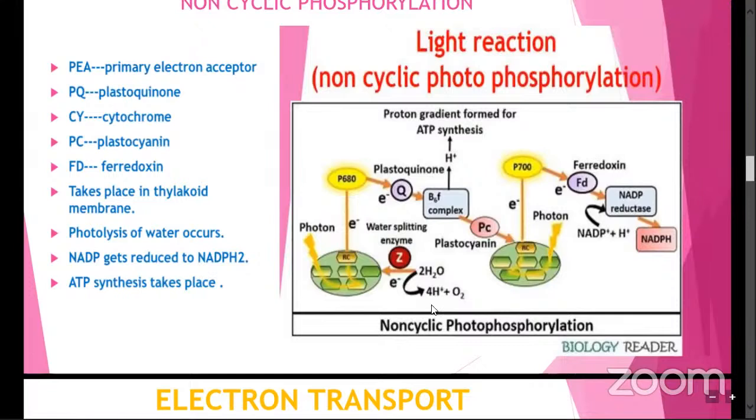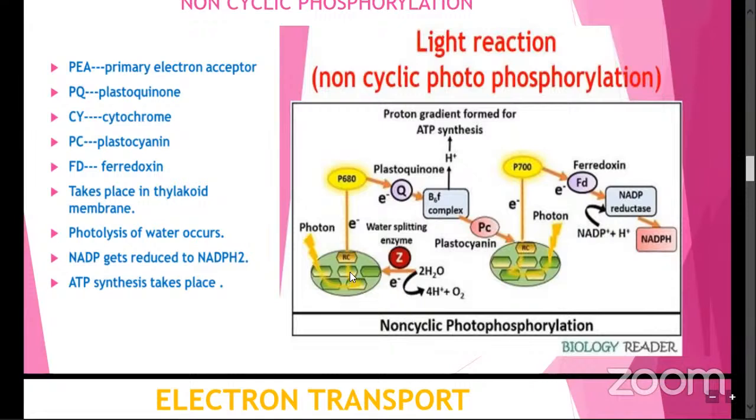And these electrons are transferred to the reaction center to compensate for the electron loss. Whatever electrons are lost by this reaction center in carrying forward the non-cyclic photophosphorylation will be fulfilled by these electrons. That's why photolysis of water is the most important event of non-cyclic photophosphorylation.